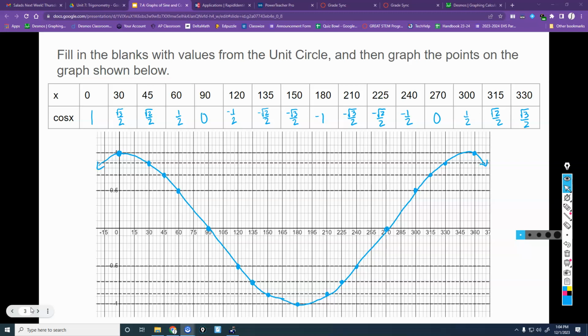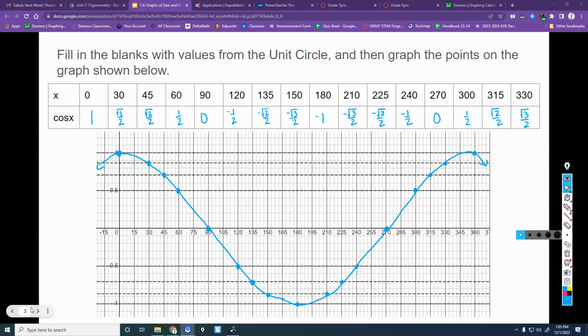So this looks pretty similar, right? You should have noticed in your table, it's all the same numbers over and over again. It's just we're kind of starting in a different place this time.